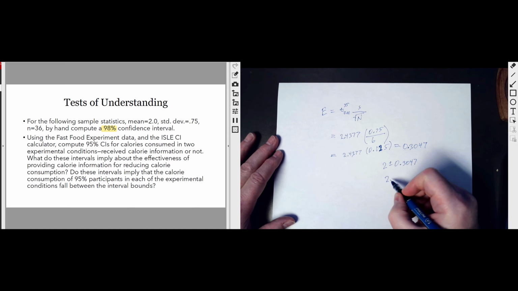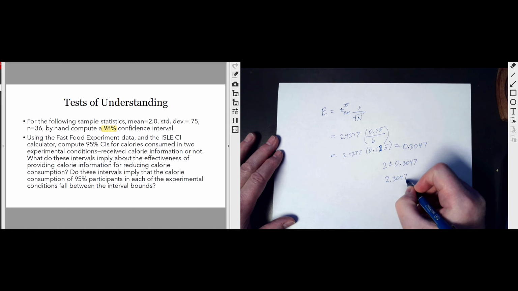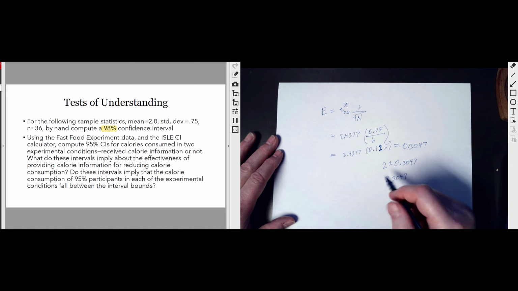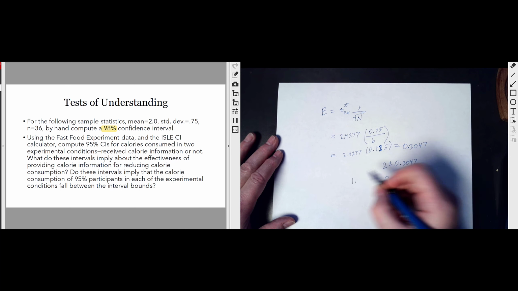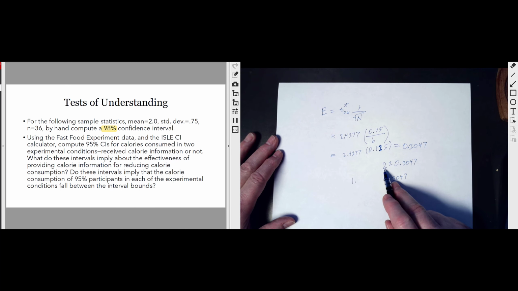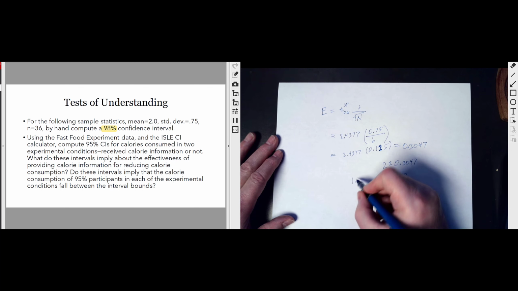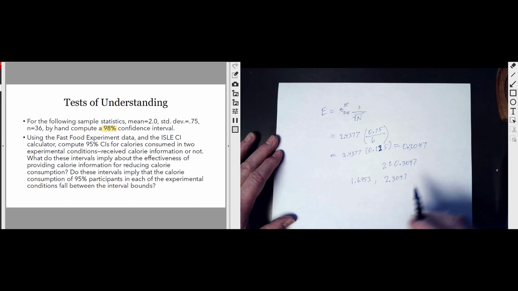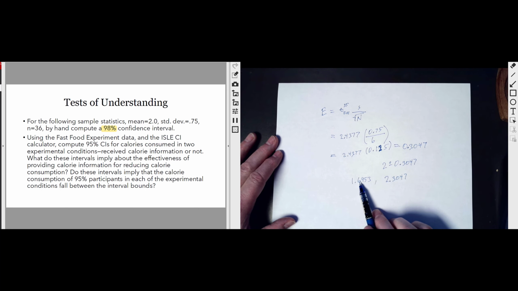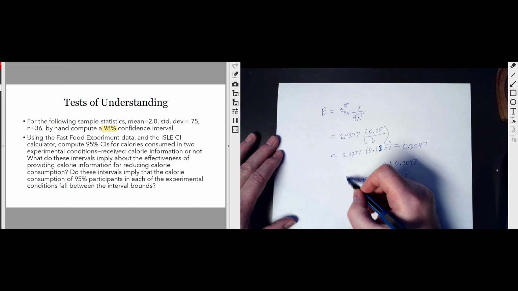So 2.3047 is our upper bound, and the lower bound is 1.6953. I think I did that correctly.